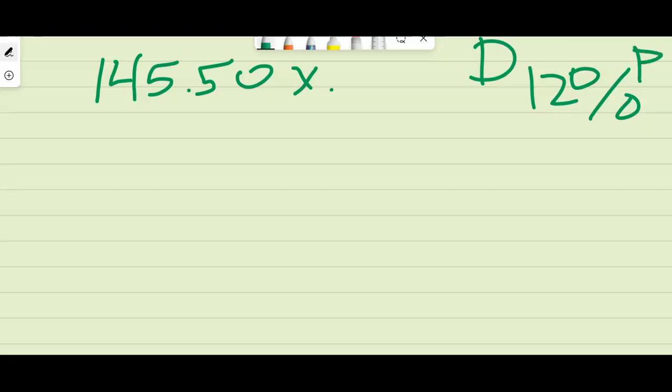We want to multiply 145.50 by 12%. Remember, a good way to remember this is Dr. Pepper. If you're moving from a percent to a decimal, you're going to go left 2 places. So 1, 2. So 0.12. So we're going to do 145.50 times 0.12.